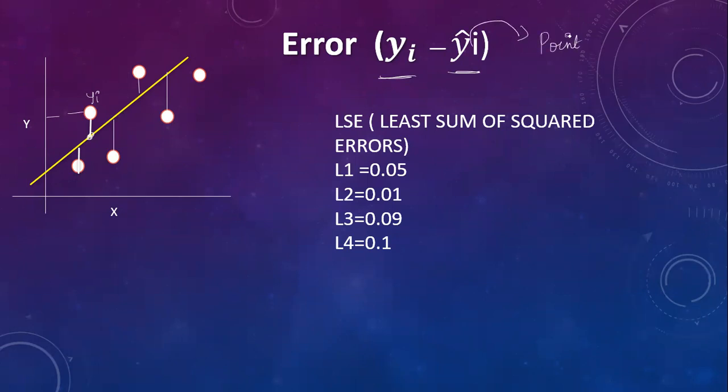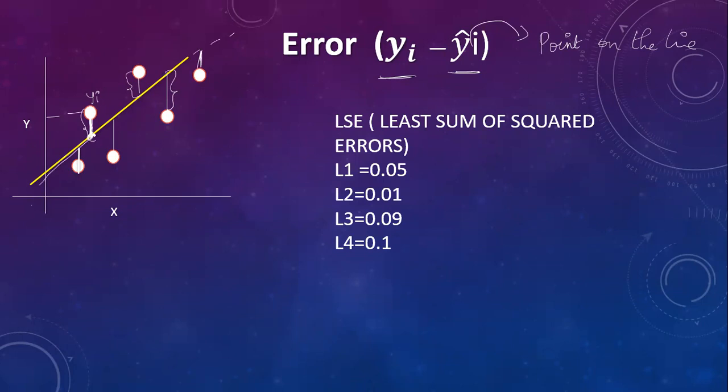So the difference between these two points is called the error. So you have to find the best fit line that will minimize your errors.